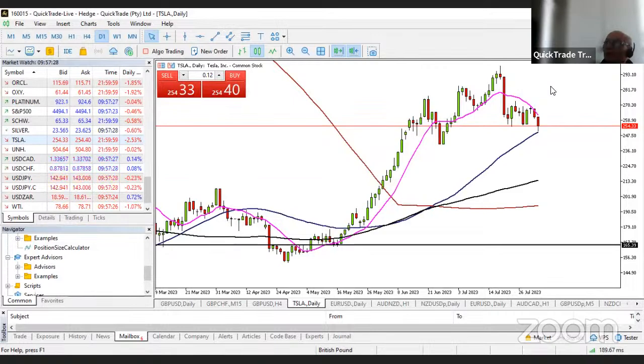Do you want to short it? Well, I would only short if it breaks that support level there and preferably the 50-day moving average as well. But again, either could happen for the fundamental point. But I certainly wouldn't be shorting it technically, no. Anybody see a short here?